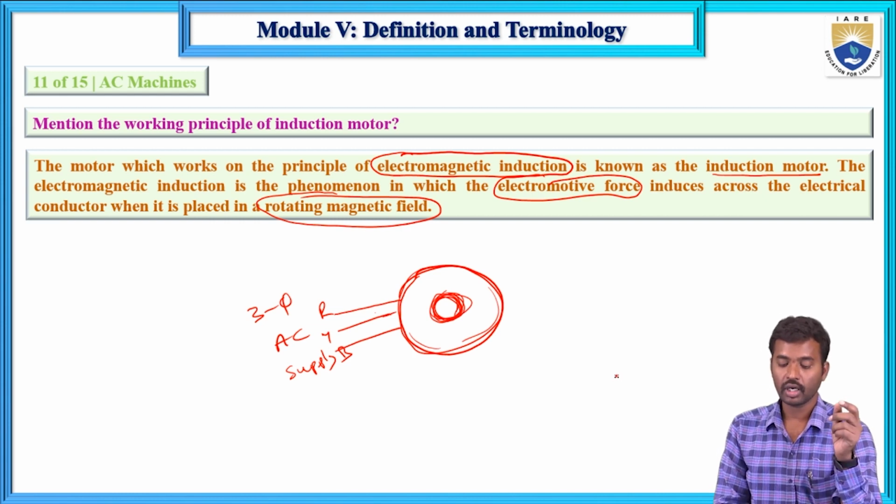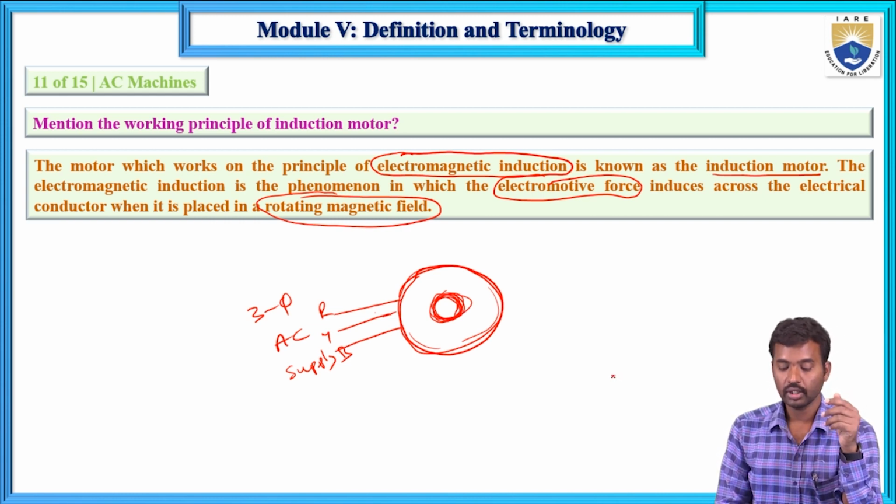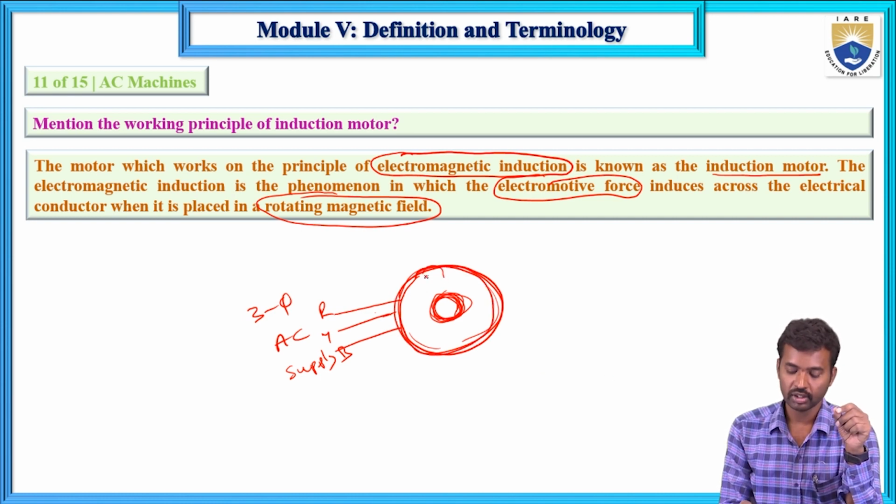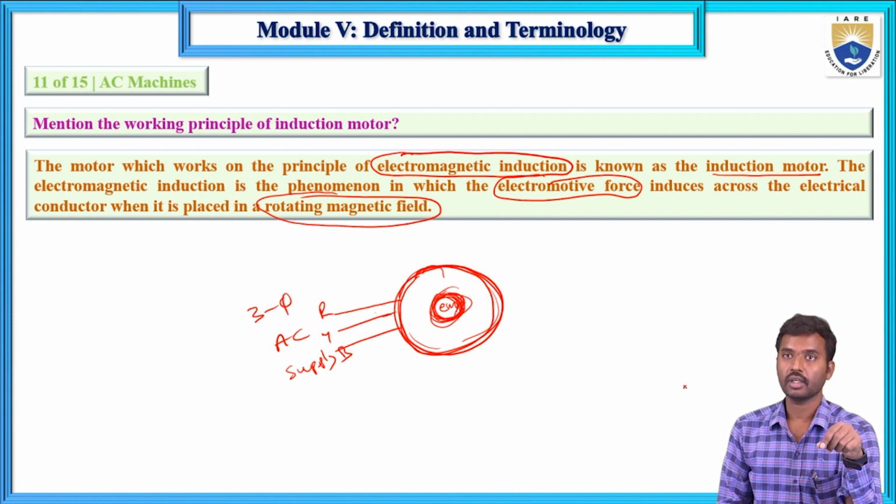According to electromagnetic induction, this revolving magnetic flux cuts the rotor conductors and EMF is induced in the rotor conductors.